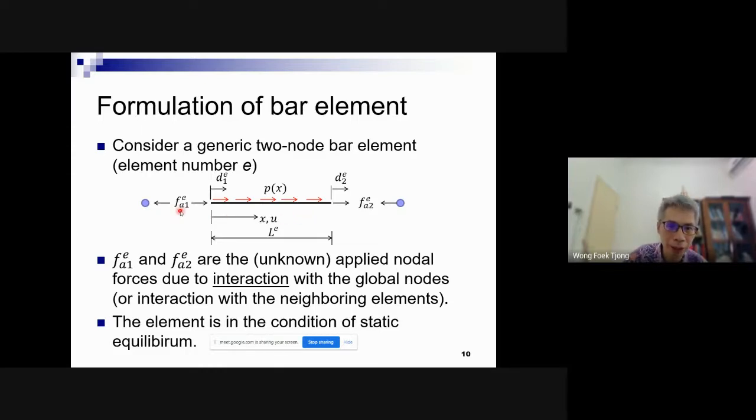I call this FA, A from applied. We apply the force at the nodes. This is the structural node, or joint. I call the structural nodes joints. This is the element node here. So FA1 and FA2 we may regard as a type of interaction force between the joint and the element nodes.